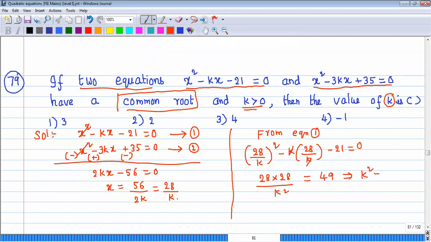So k square is equal to 28 into 28 upon 49. 49 means 7 into 7 you can write. K square is equal to 16. So k will be plus or minus 4. But k value must be positive. So therefore, k is equal to 4 is the answer. Since k greater than 0. Third option is the right option.